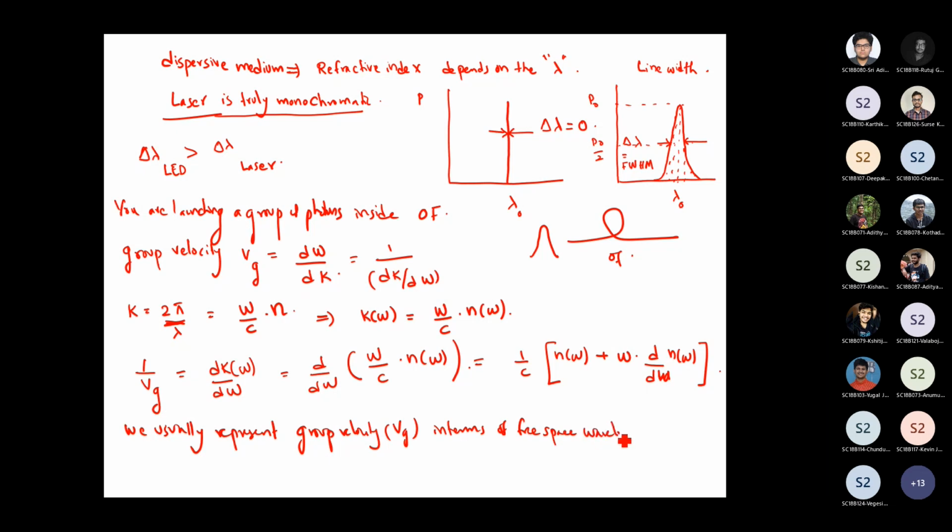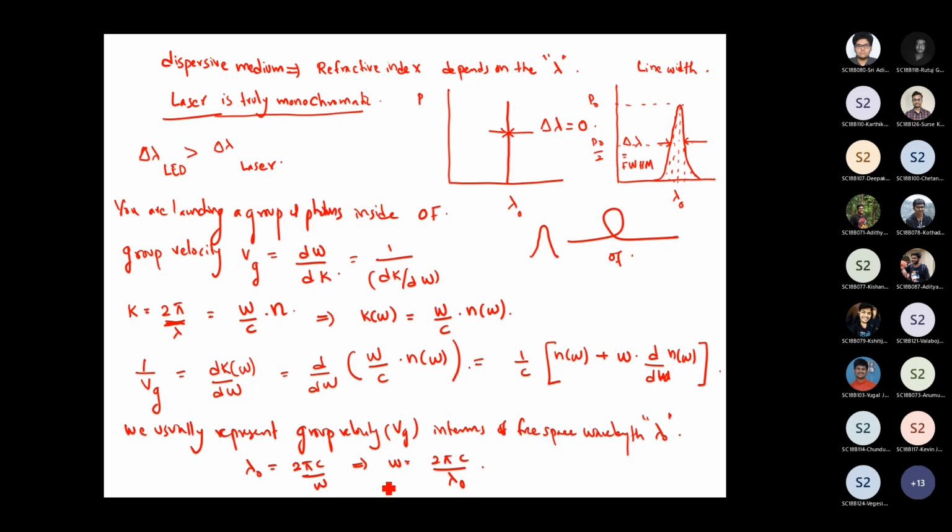Here omega is 2 pi into c divided by lambda naught.